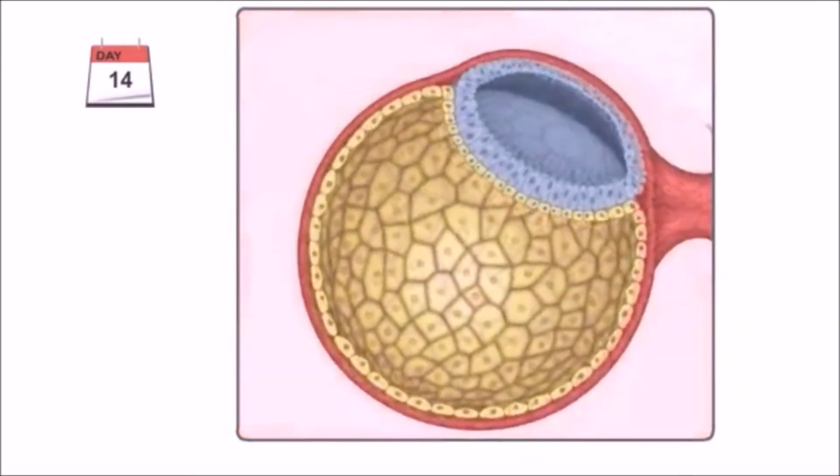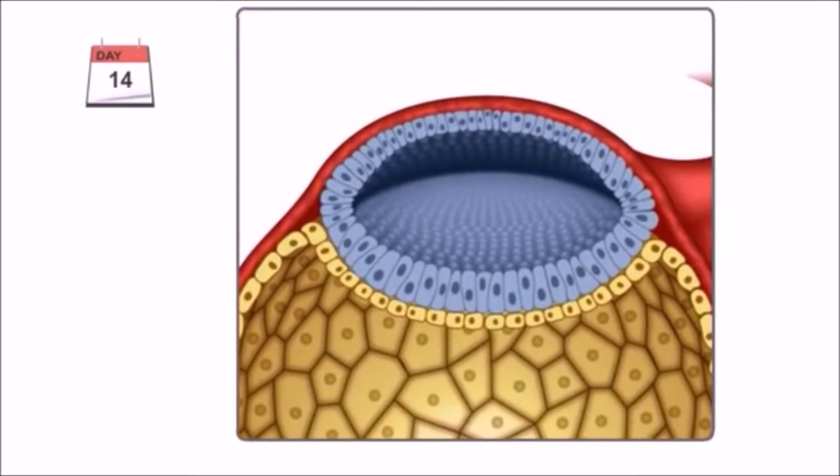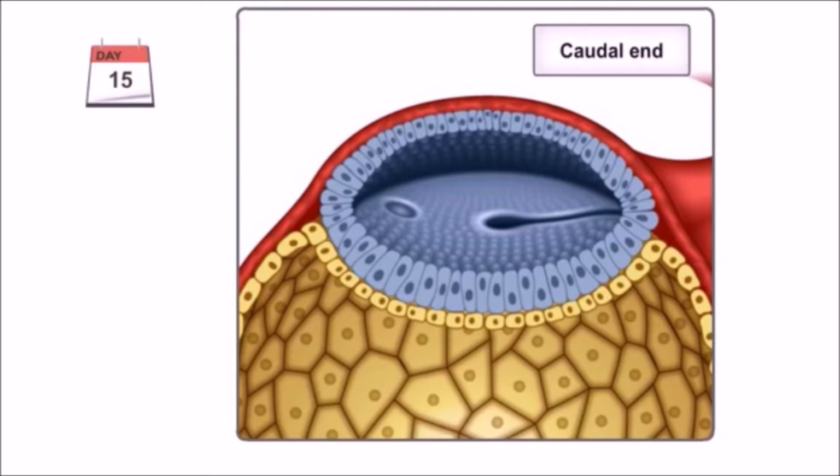Throughout the third week of development, this bilaminar disc differentiates to establish three primary germ layers, in the process known as gastrulation, around 15 days after fertilization. A structure forms along the midline in the epiblast, near the caudal end of the bilaminar embryonic disc.